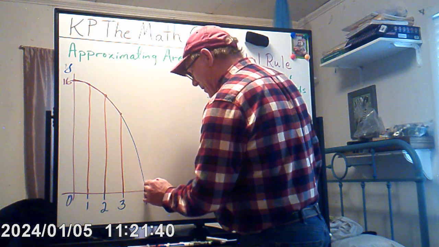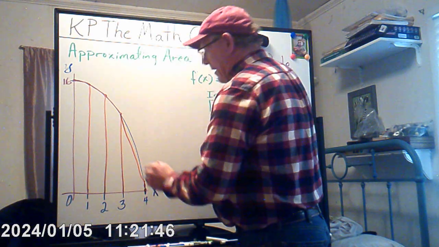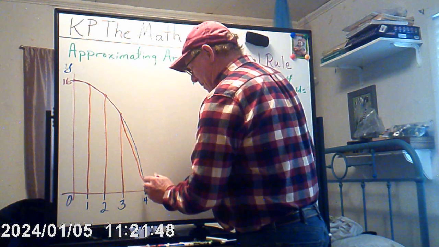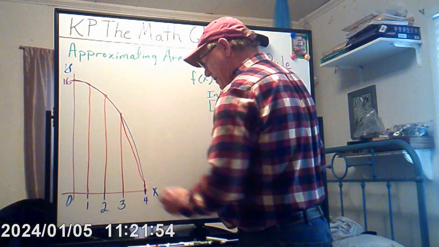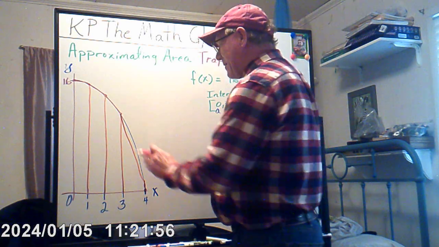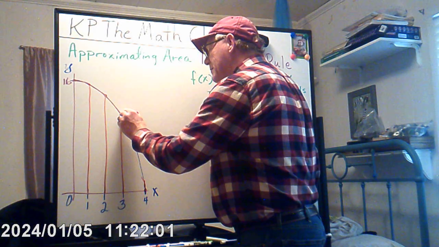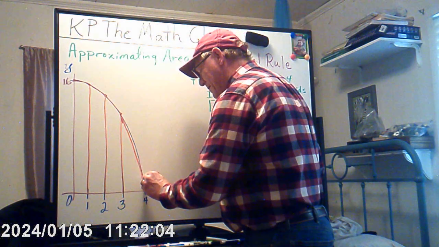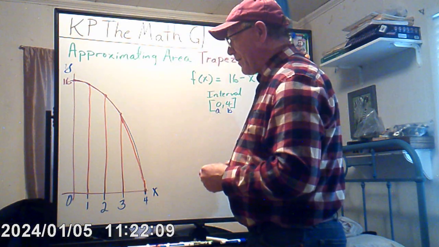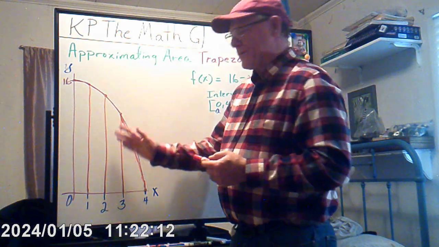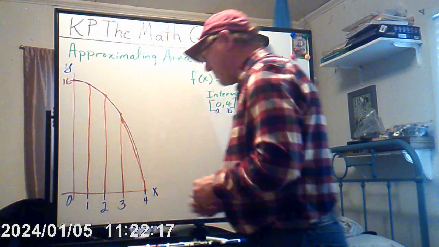Even if we were to come up at all, we'd have to come way down like this. But anyway, that's the idea. Four trapezoids is what we have, of the same width, delta x equal to 1.